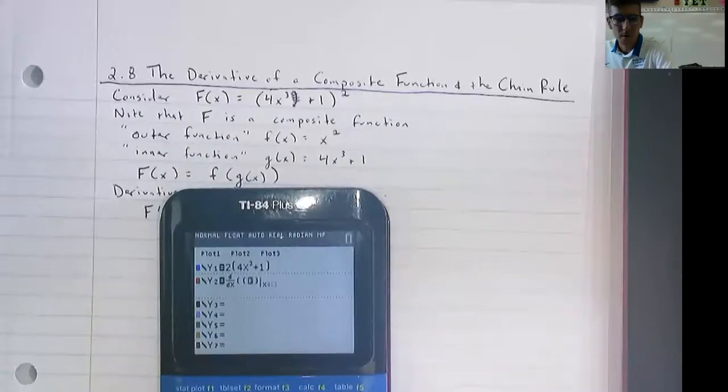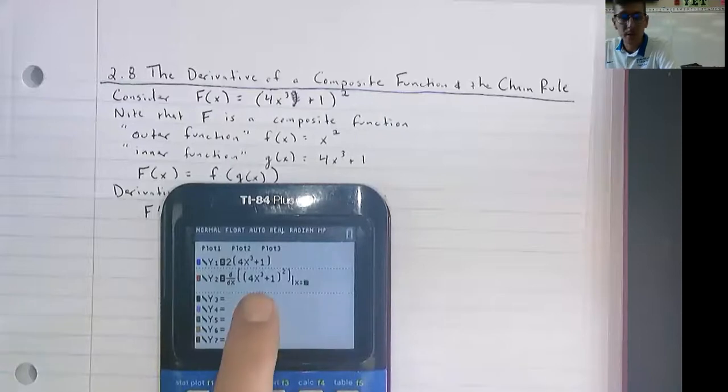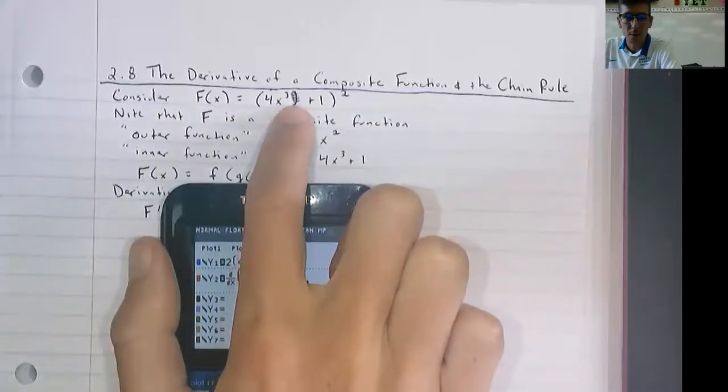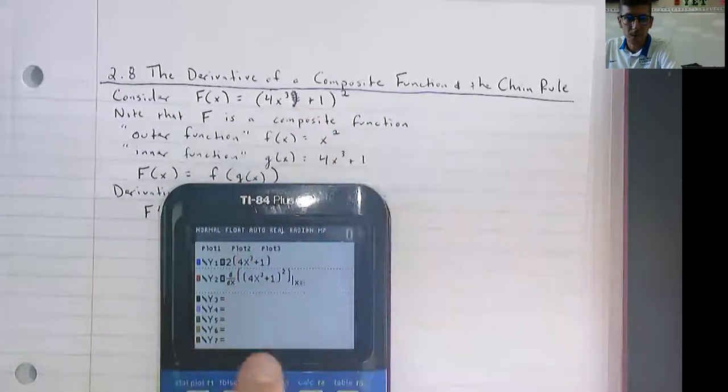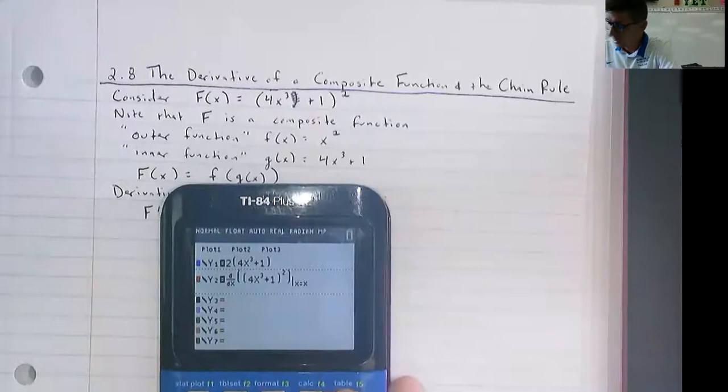I'm going to do a starting parenthesis again, and we'll do 4x raised to the third plus 1, close that, and then square that. So we're letting the calculator do some work for us. We're entering the original function, (4x cubed plus 1) squared, and we're saying take the derivative of that everywhere. Remember, this could give us just one point, but if we press x in here, that'll graph the whole thing. So let's see if this matches up.